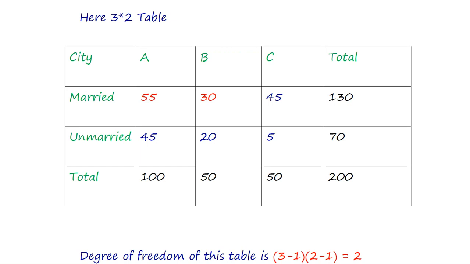Now we move towards the next, 3 by 2 contingency table. Here suppose in any one city, we select three groups A, B, C, and we divide the population into two groups, married and unmarried. And suppose like the previous example, these black letters are given, and suppose these 6 cells are empty. We have no observations there.